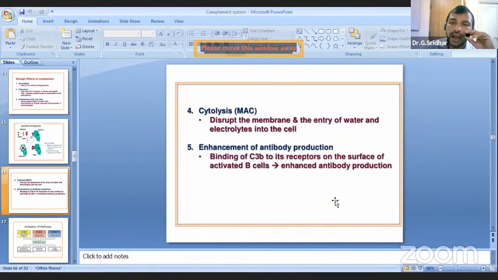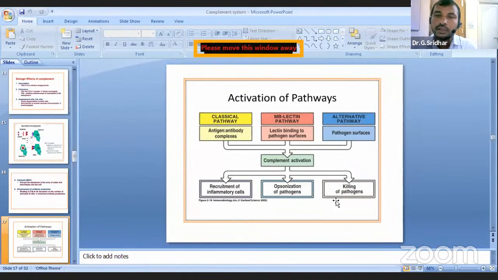Then enhancement of antibody production. Binding of C3b to the receptors on the cell surface of activated B cells enhances antibody production. Then what are the different types of activation pathways?